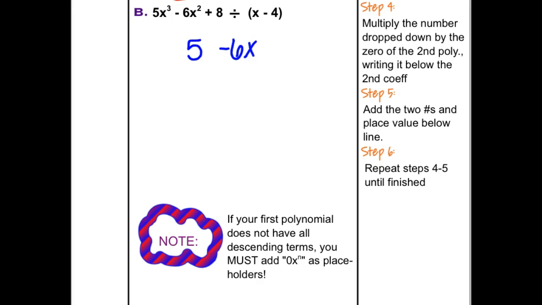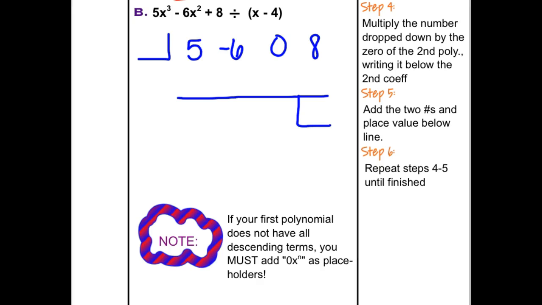Whoops, we don't need to put in the x though. So negative 6, and then we don't have an x term, so we have to put in a 0 and an 8. Now, while technically with long division we didn't have to put in that 0 x to the n placeholder, it makes life a lot easier. In synthetic division, you have to, or it will screw up your whole problem.